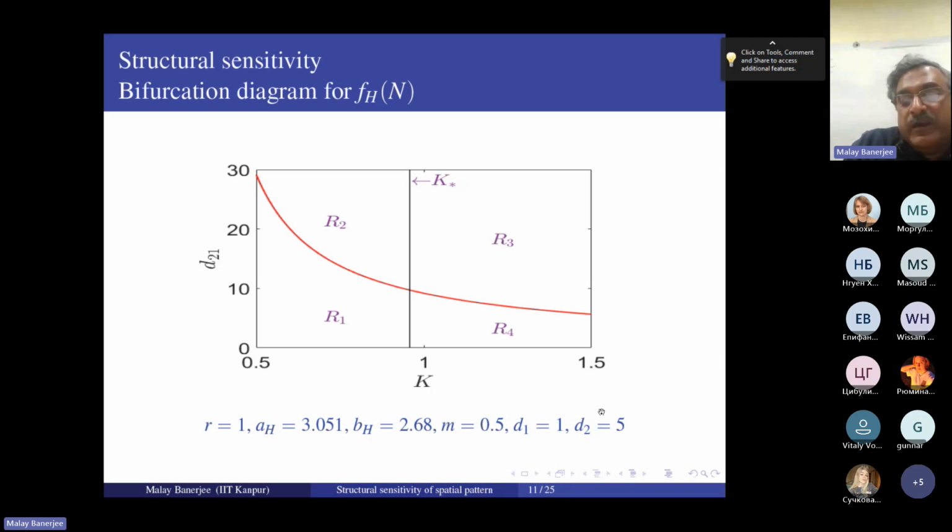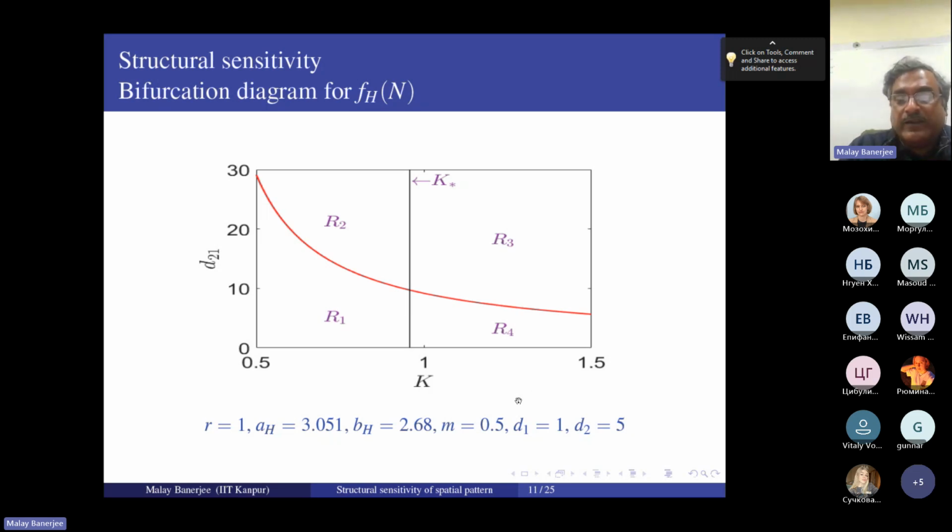And as we wanted to follow a particular procedure, in order to have the resulting pattern within a reasonable domain size, we have chosen D1, D2 as two parameters, but we have considered D1 equal to 1 and D2 equal to 2, just to conform with the fact that in the dimensionless model, D1 should be 1.